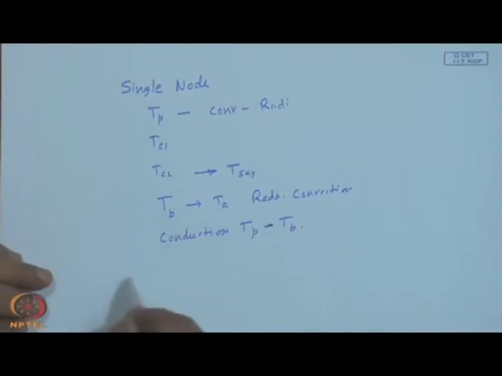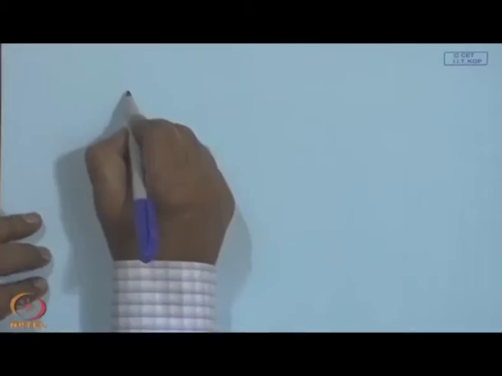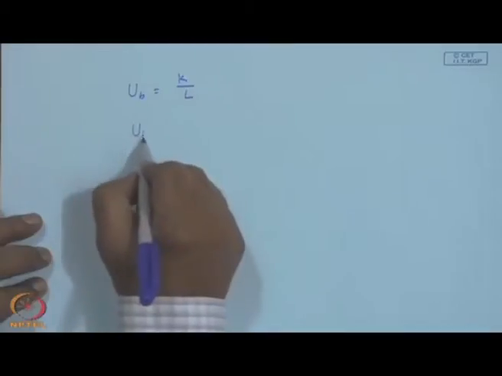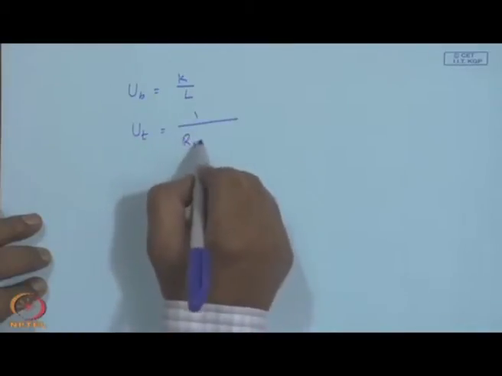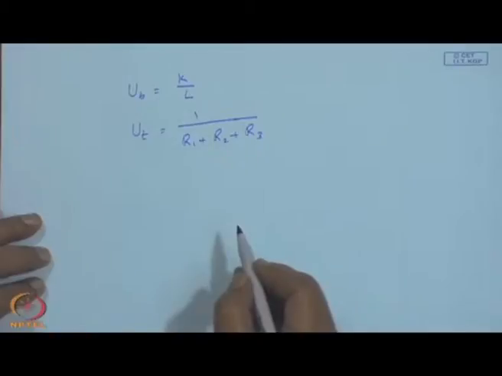So, we estimated, of course, this R 5 is neglected, that means no heat loss by convection radiation from the bottom, and we found out U b is equal to K upon L, and U t is 1 upon R 1 plus R 2 plus R 3, where the resistances R 1, R 2, R 3 are the convection plus radiation resistances between the plate and the cover 1, and between cover 1 and cover 2, and cover 2 to ambient.